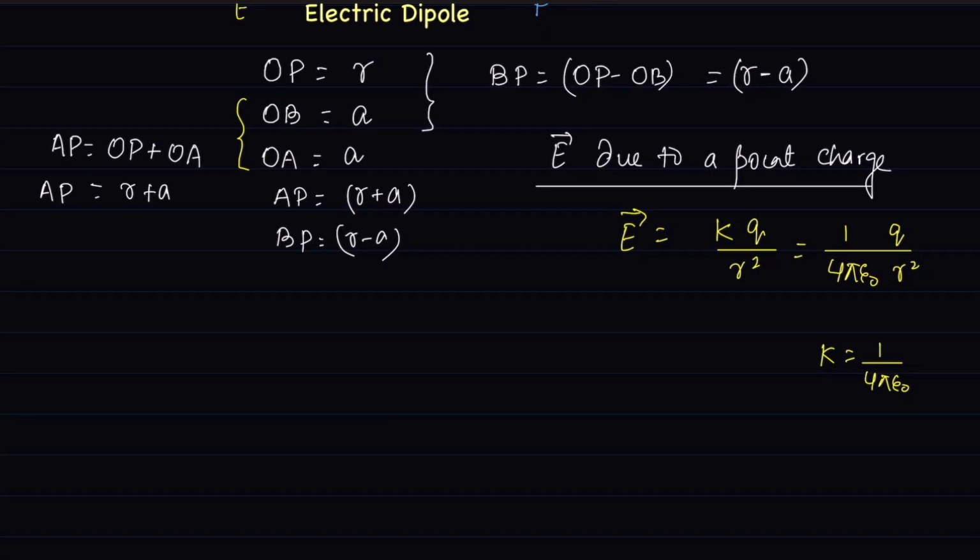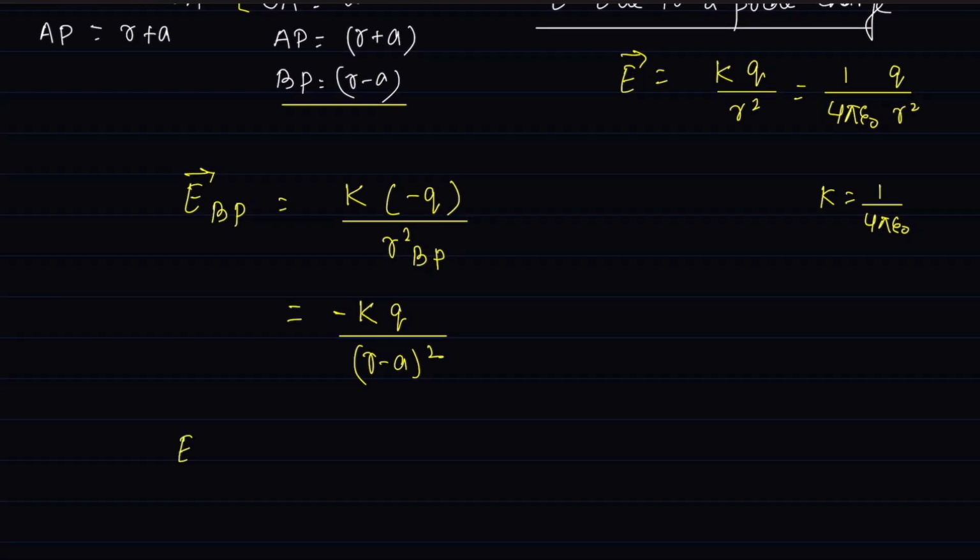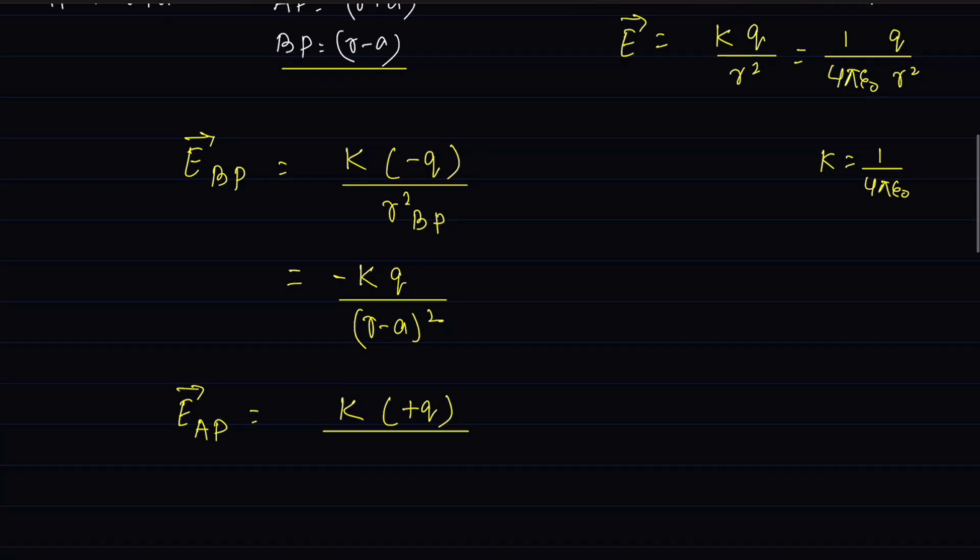The electric field due to B at P is equal to k, its charge is minus q, and the distance is BP squared. If we substitute the value, we can write minus kq divided by r minus a whole square. And the electric field due to A at P is equal to k times plus q, because A carries positive charge, divided by r plus a whole square.